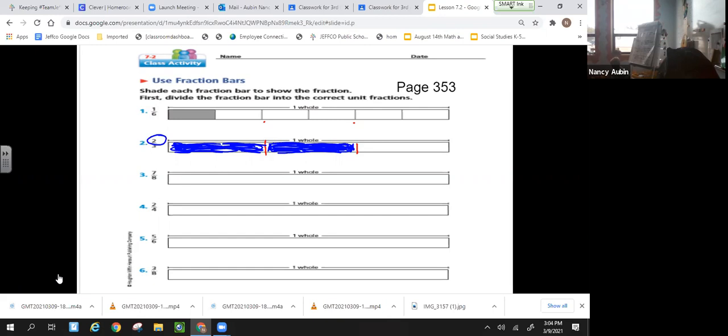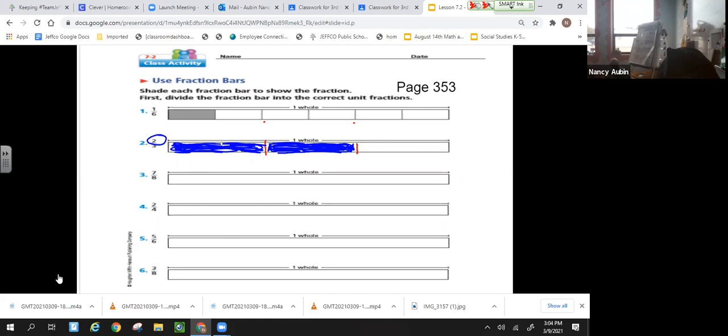So, if we are going to divide our bar into equal parts, I have to look at the down number, the denominator. What is that, Cooper? 8. So I'm going to divide my bar into 8ths. Any suggestions? How do I do that, Cooper?